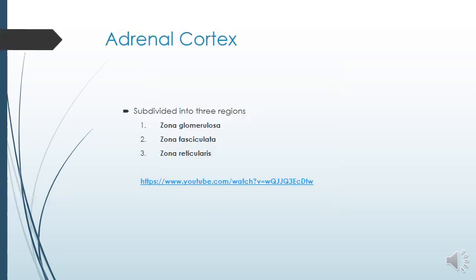The adrenal cortex is subdivided into three regions: the zona glomerulosa, the zona fasciculata, and the zona reticularis. Please go to this YouTube video, and there is a brief summary of the different areas of the adrenal cortex and the adrenal medulla.